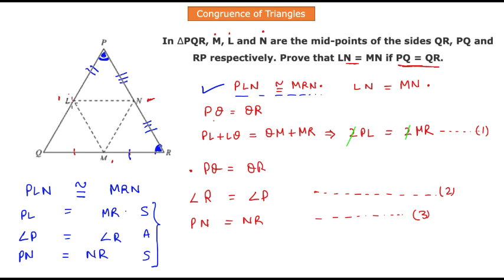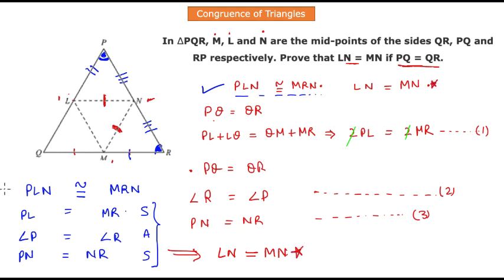That means the side LN will be equal to the side MN, because that is the only remaining side so far. And this will let us prove that the side LN is equal in dimension to the side MN. And this was our second objective that we wanted to prove here.